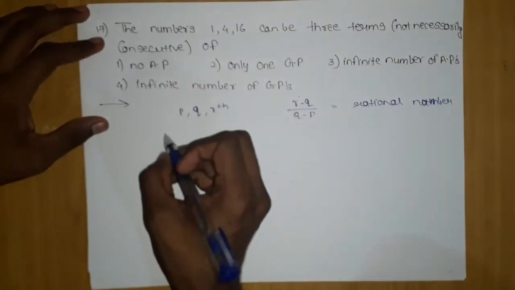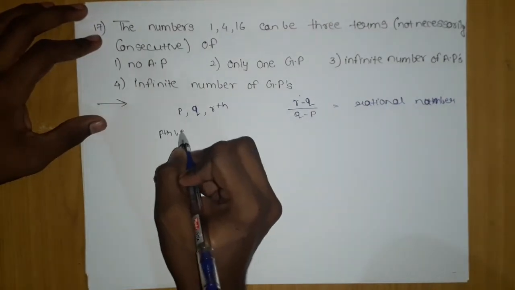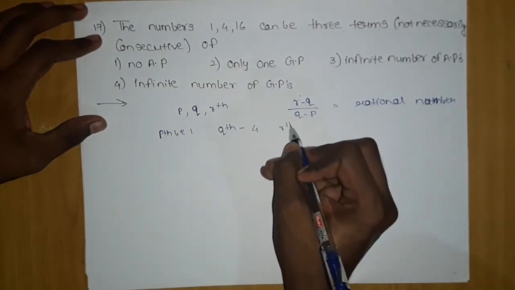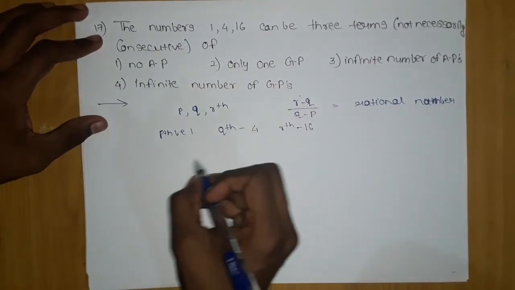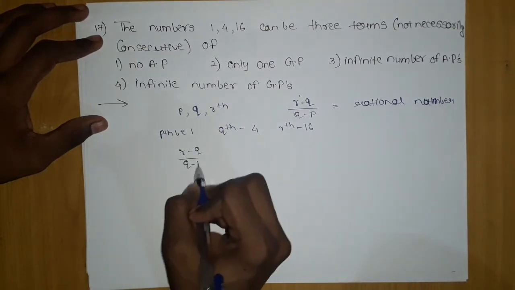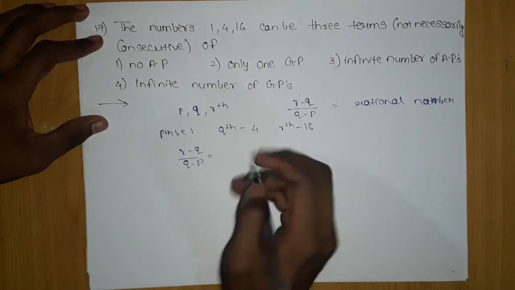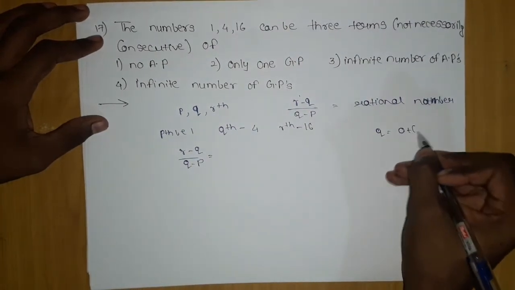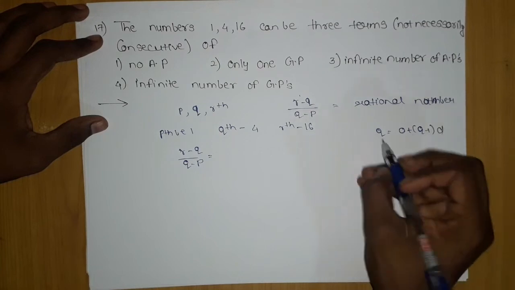So let the pth term be 1, the qth be 4 and the rth be 16. You can also solve this by applying the formula that the qth term is a plus (q minus 1) into d. The same answer will come.